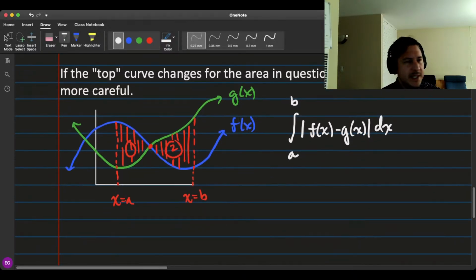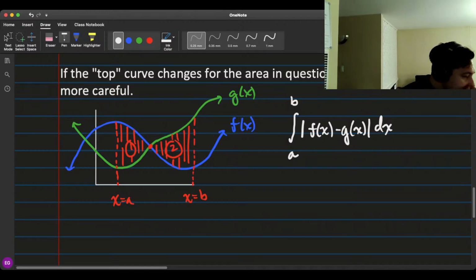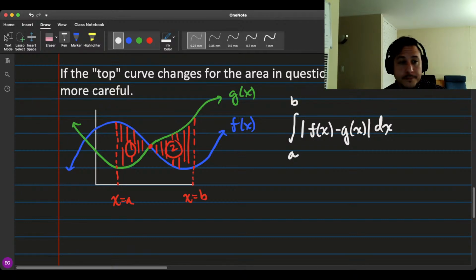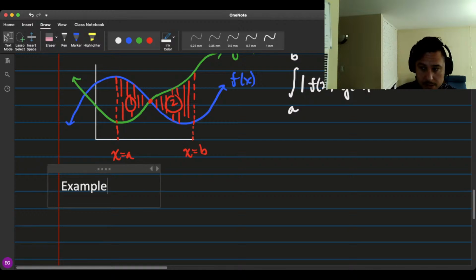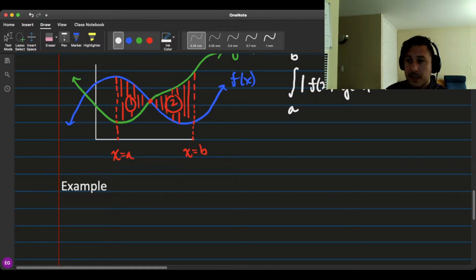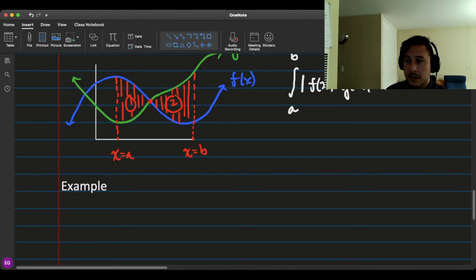Let's explain the details with an example. It's always a good idea to do that. So, example. Let's put in our axis.